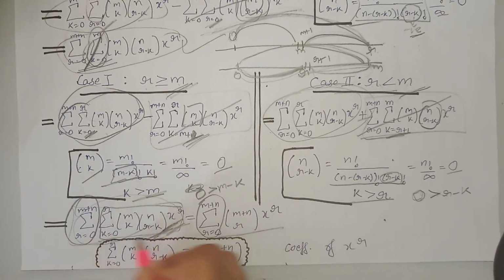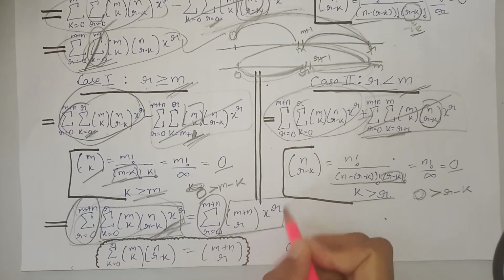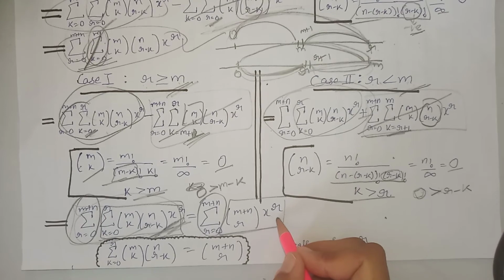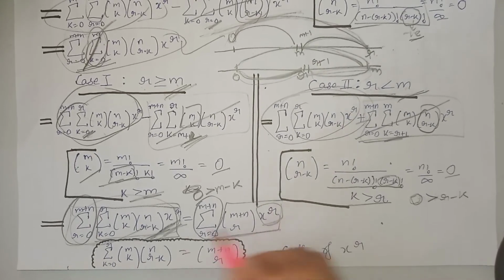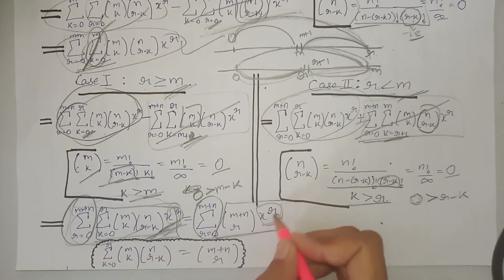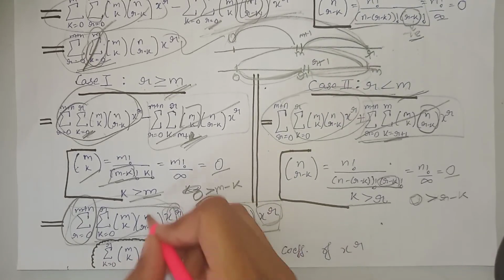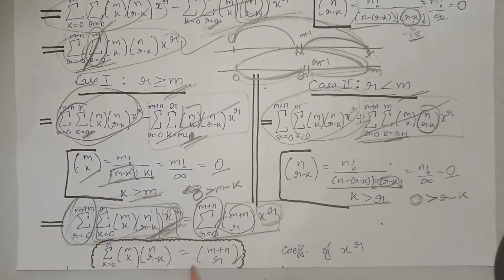Inside the summation we have these terms. Now in these terms we will compare the coefficient of x raised to power r. Here the coefficient of x raised to power r is this, and here the coefficient of x raised to power r is this term. So this term is equal to this term, which is our Vandermonde's identity.